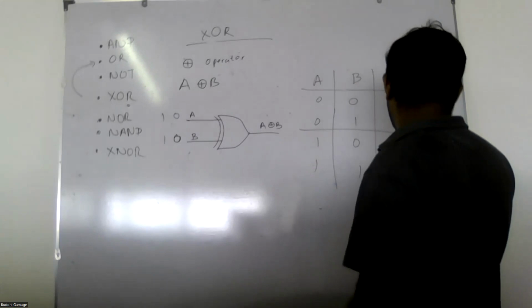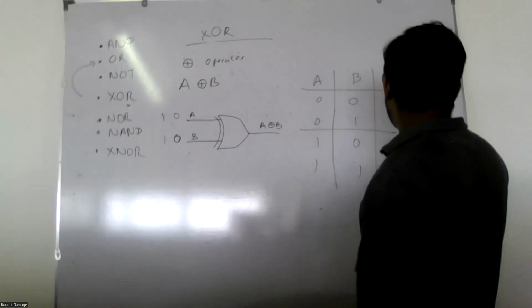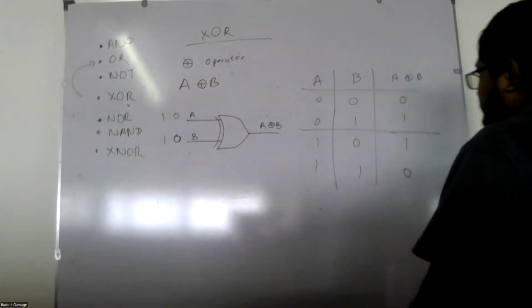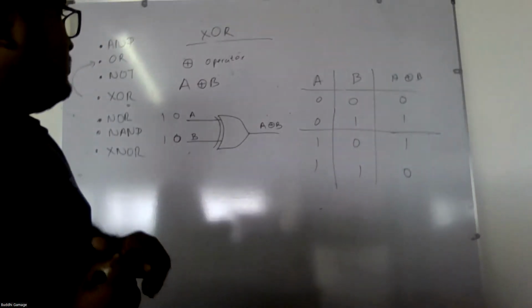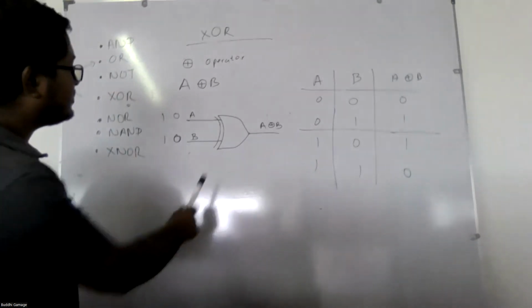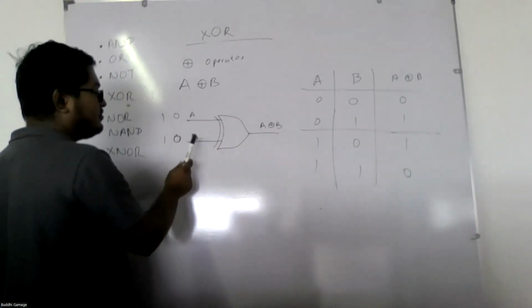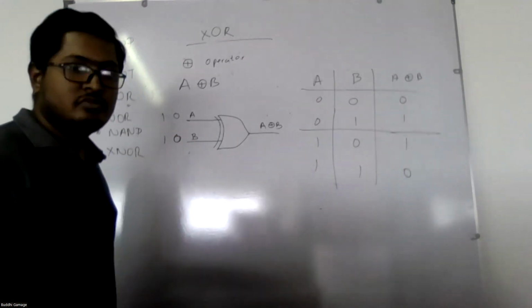In the other cases, it will be 1. That is the logic: one input should be different from the other. If this is true, then this should be false. If this is 1, then this should be 0, like that.